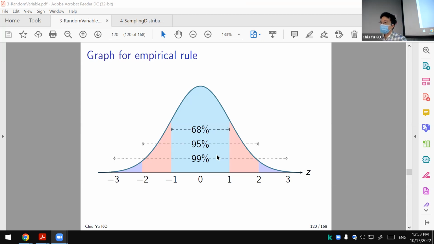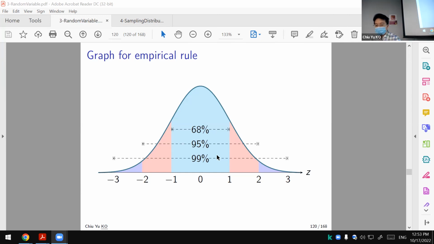So one of the applications is, if you know the mean and you know the SD, and you believe it is normal, then you will probably know how well you're doing, right? In the midterm, for example, when you know the mean and the SD, you know how well you are doing.